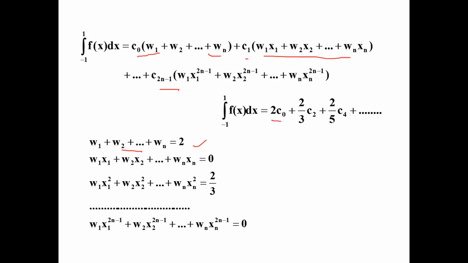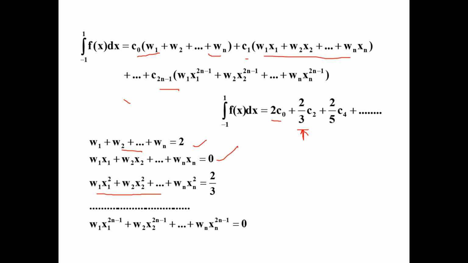Then next is this one, and this is equal to coefficient of C1, which is not here. So it is 0. Then C2, if we write, there will be square terms, which is equal to 2 by 3. Then C3 is 0. So next will be there the cube terms.